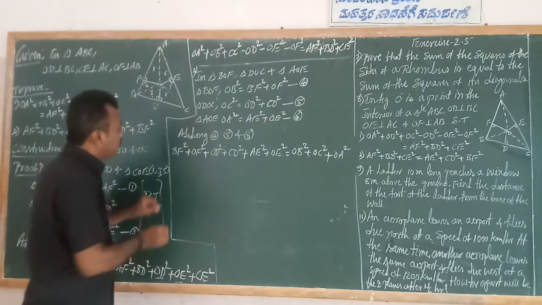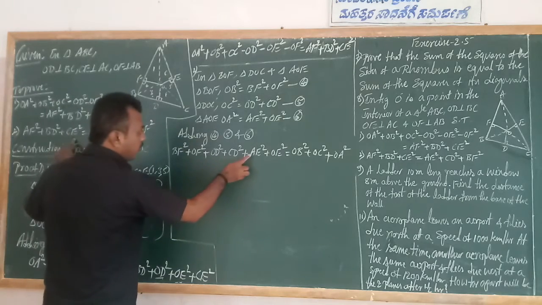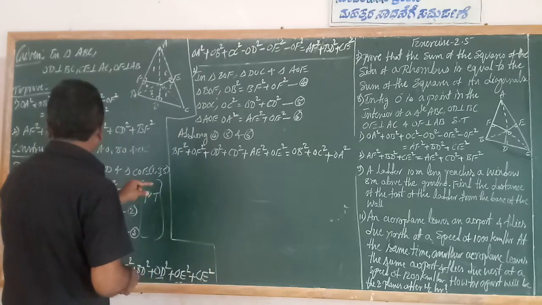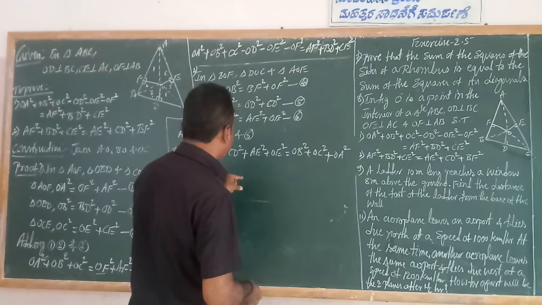So now, see students, first what will AF, BD, CE? I will write AF square and BD square and then CE square.